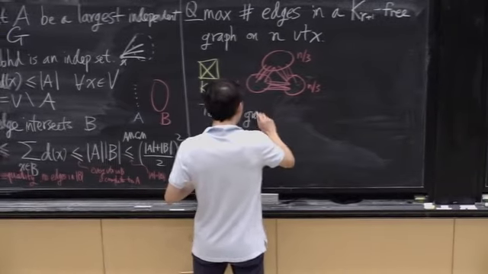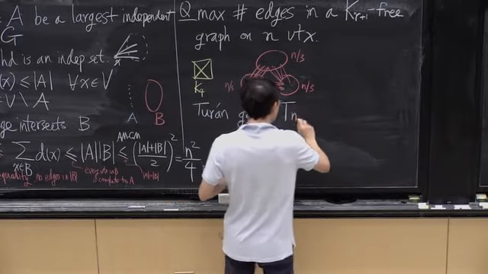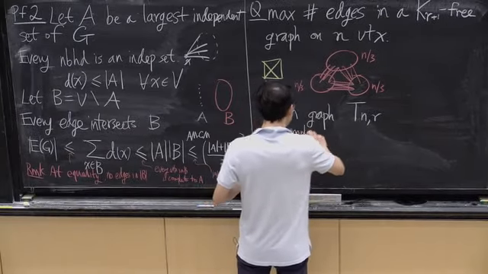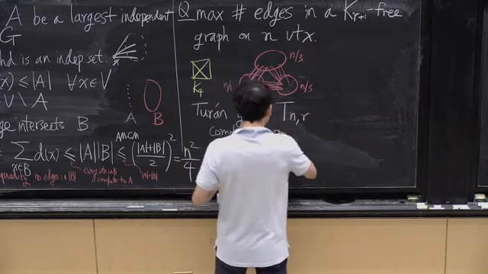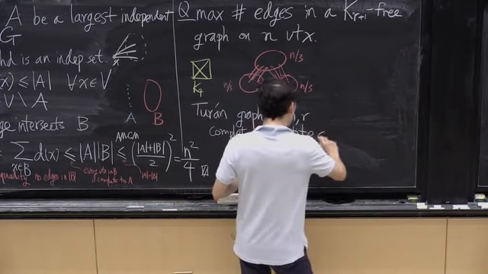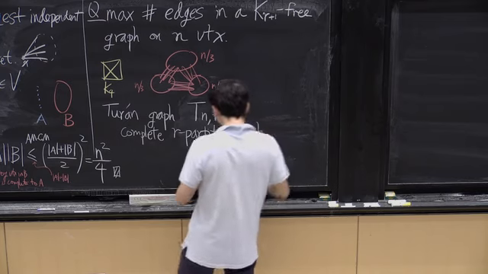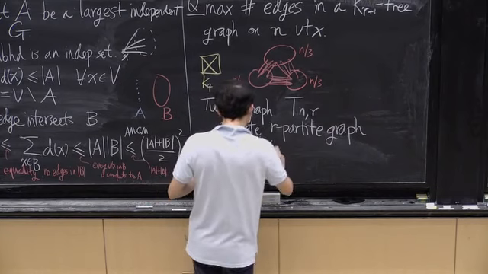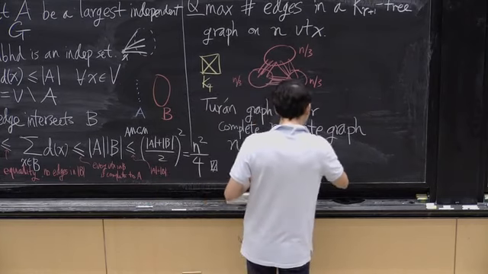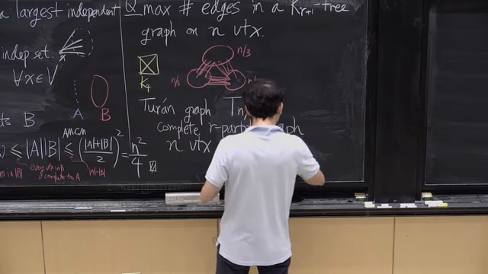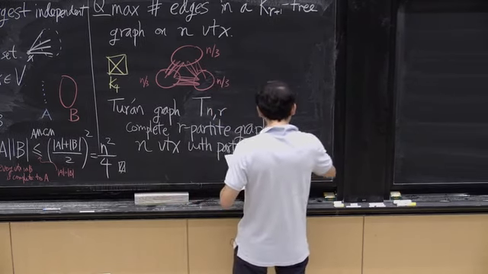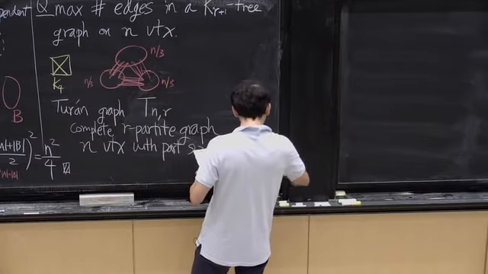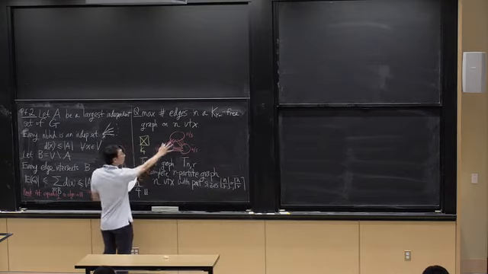So a Turán graph, which we denote T_{n,r}, is a complete r-partite graph with n vertices whose part sizes are all nearly the same, up to at most 1 difference. So this is an example here.